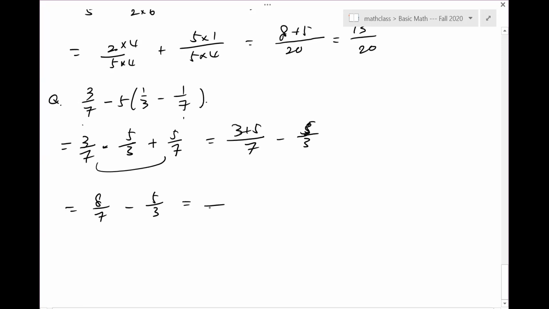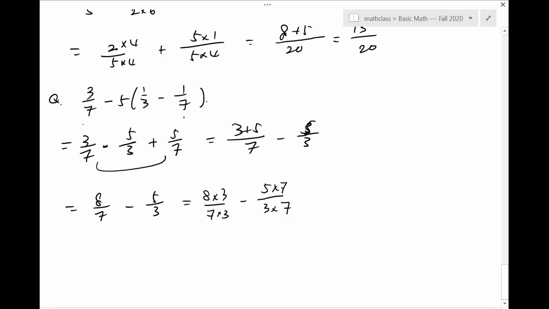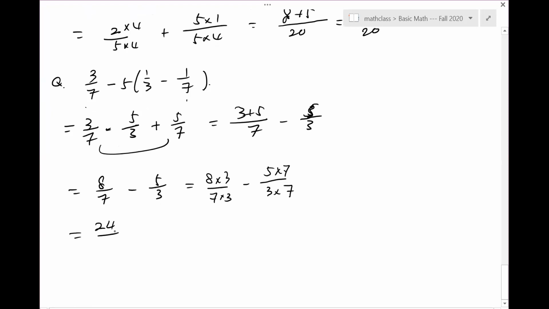So one side you have to multiply by 3. The other one you have to multiply by 7. Right, then you get 24/21 minus 35/21. Okay, so 24 minus 35, that would be -11/21.